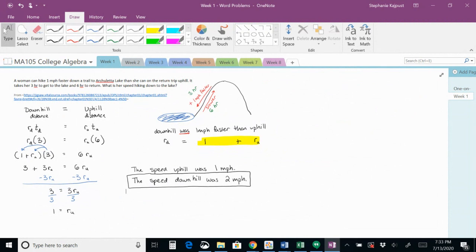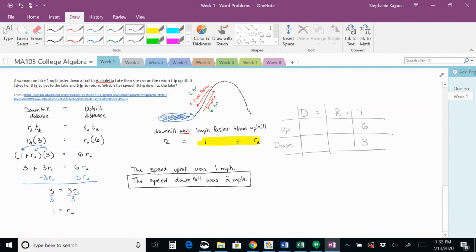Yeah, because the table, so if I did the same type of problem with the table, and I'll just do this on gray. So they have a table, distance equals rate times time. And so we would have up and down on a problem like this. So uphill, 6 hours, downhill was 3.